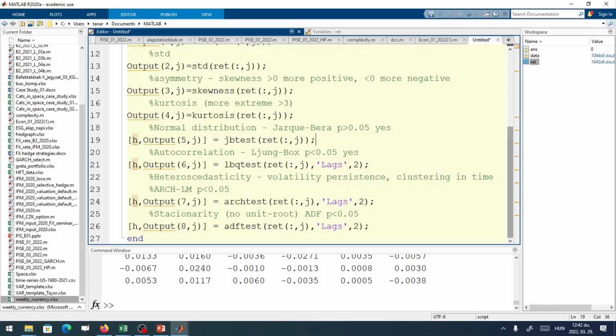Also, there is stationarity, which means that the passing of time is not affecting the mean and the standard deviation of the data. So it's not like temperature, where if we are looking at the clock and the temperature, sooner or later temperature increases because the sun rises and puts heat in the sample.